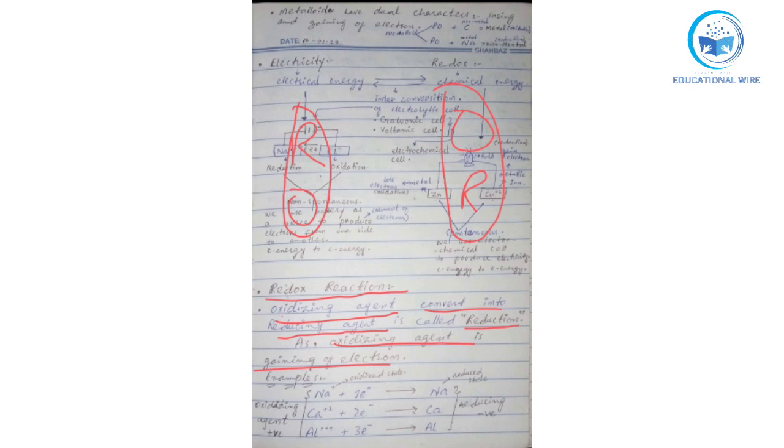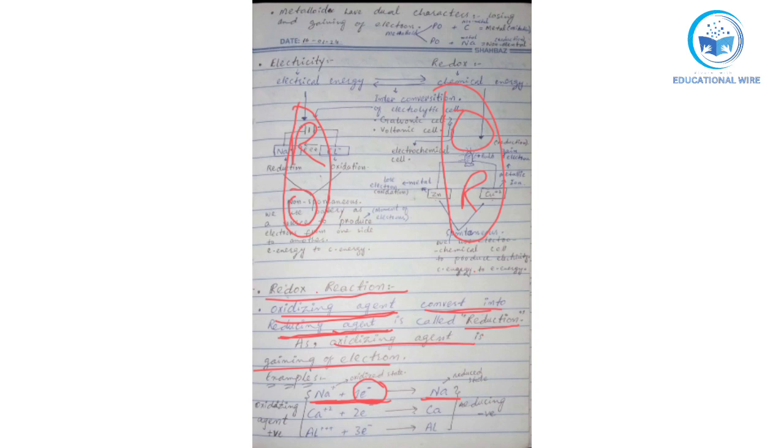So here the oxidizing agent converts into a reducing agent, gaining an electron, and it is called the reduction process. Let's take an example. Here we have the oxidized state, gaining one electron, and it becomes a reduced state. The reducing agent means the negative agent, and the oxidizing agent is represented as the positive agent, meaning the gaining of electrons.